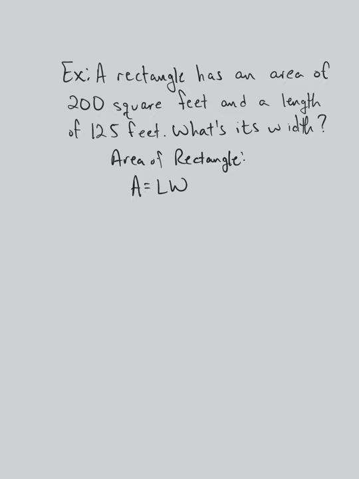Okay, like that. And now, what are we given? We're given that the area is 200 square feet, so the area is 200. And we're given that the length is 125 feet. And what are we trying to find here?